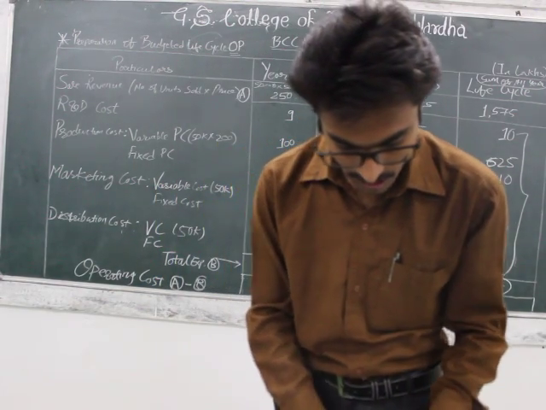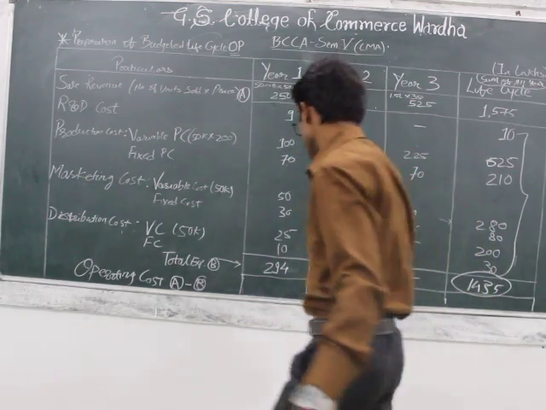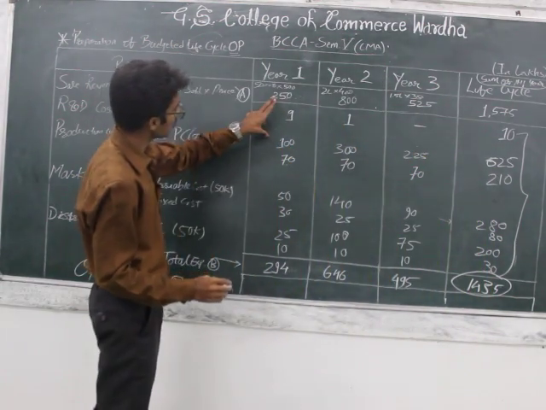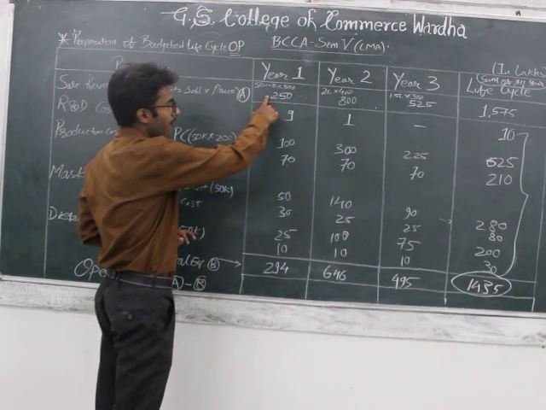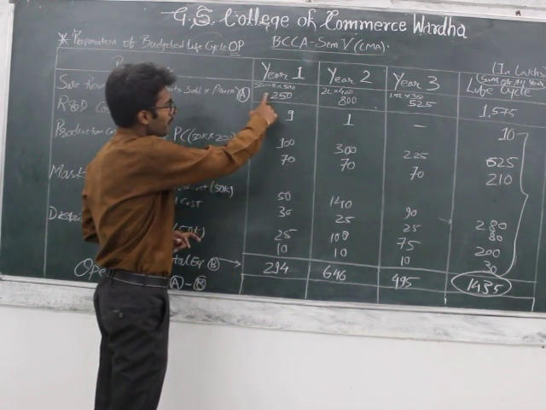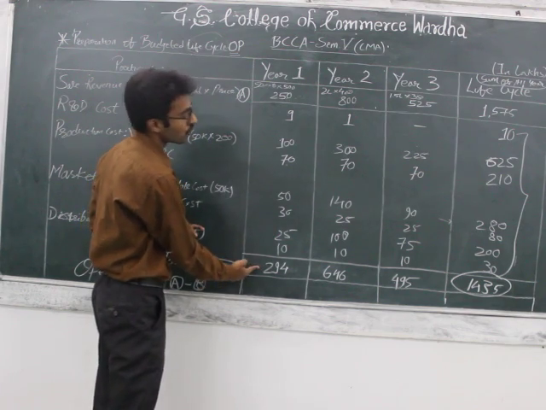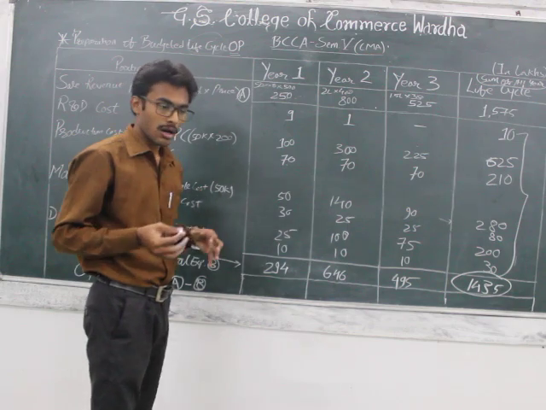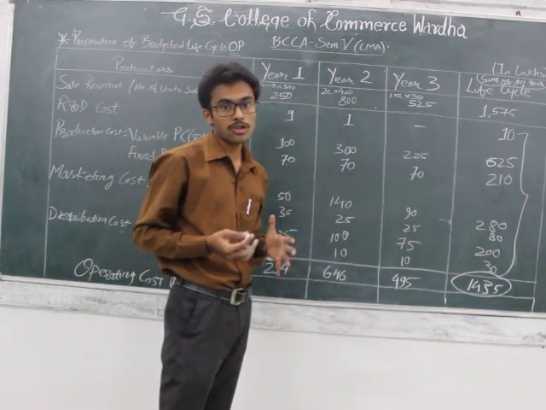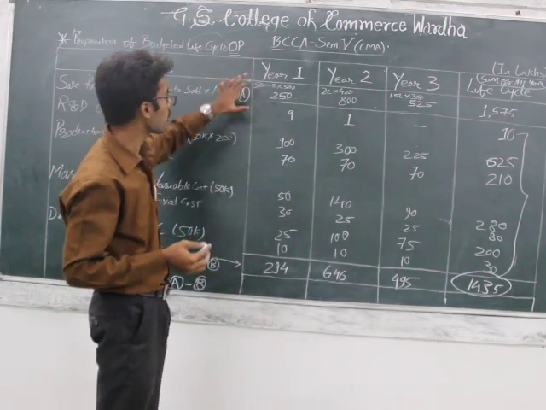I am taking direct calculations here. Here you can see 250 minus 294. That means we have sold the product for 250, but we have incurred 294. That means we are getting a loss from this product for year 1.